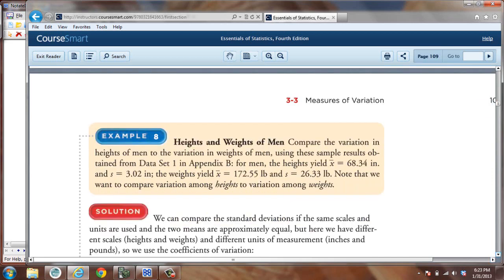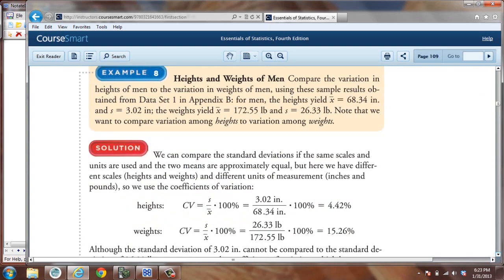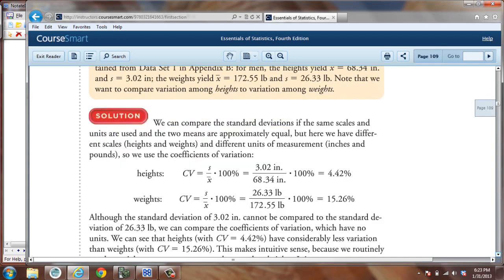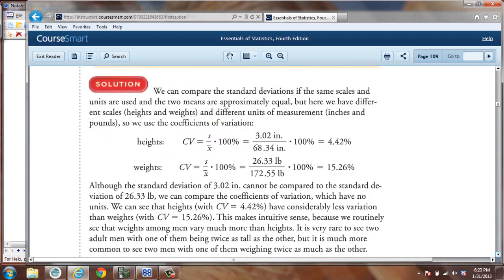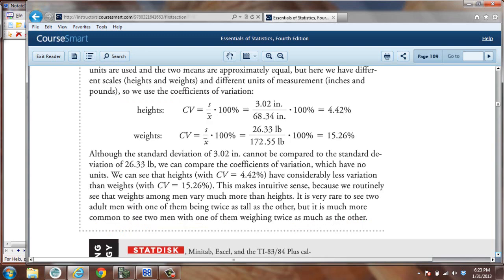But if I calculate the coefficient of variation like they've done here, then you can see that the heights, with 4.42%, are less spread out than the weights, which have a coefficient of variation of 15.26%. And here they talk about this making intuitive sense because we routinely see that weights among men vary much more than heights. Okay. So this is something I wanted to point out in case you see it in your homework.